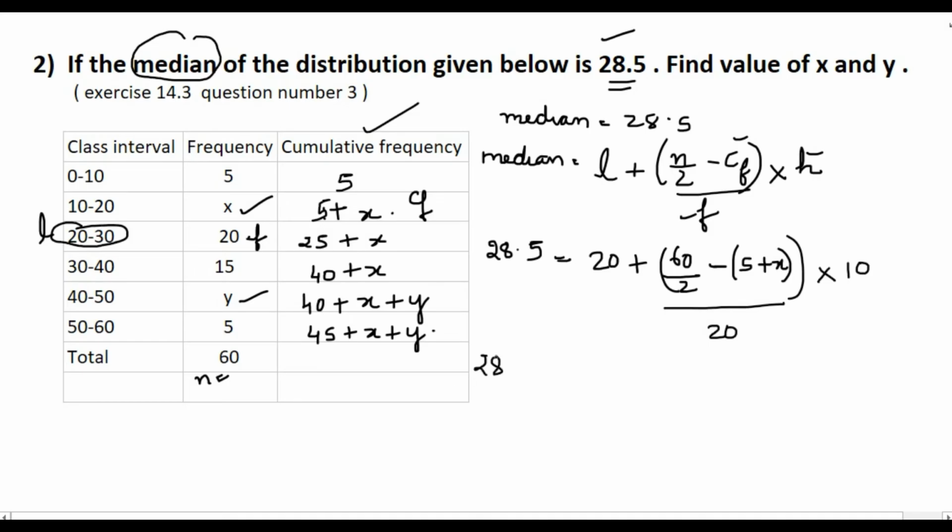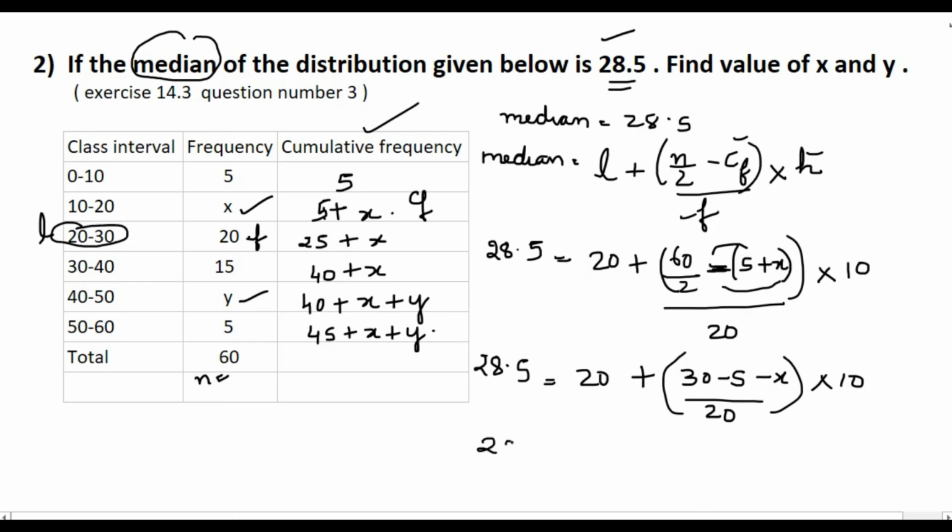So 28.5 equals 20 plus, step by step we will solve this. 60 divided by 2 is 30. Then I am going to open this bracket. When you open this bracket, minus into plus is equal to minus. So this is 5 minus x, divided by 20, into 10.